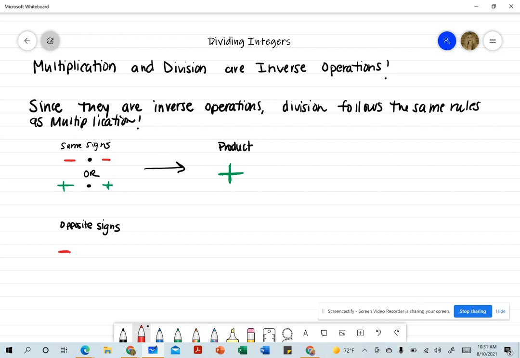If you have a negative divided by a positive, or a positive divided by a negative, your quotient is negative no matter what. So again, it's the same rules. It doesn't matter if we're talking multiplication or division. It doesn't matter whether we're talking about product or quotient. If you have the same signs, your answer is positive. If you have opposite signs, your answer is negative.